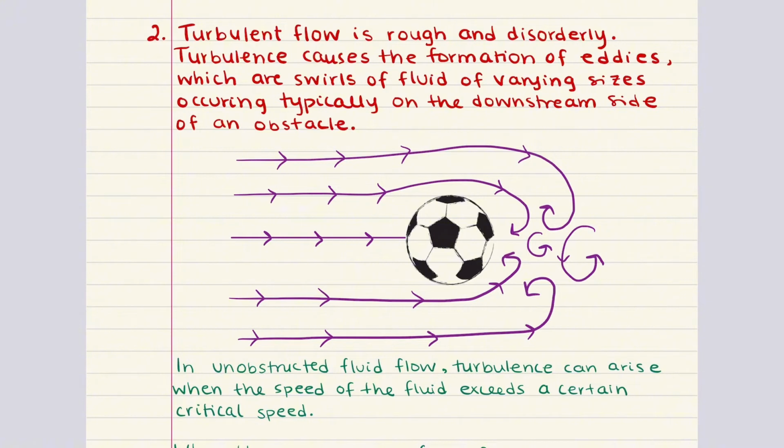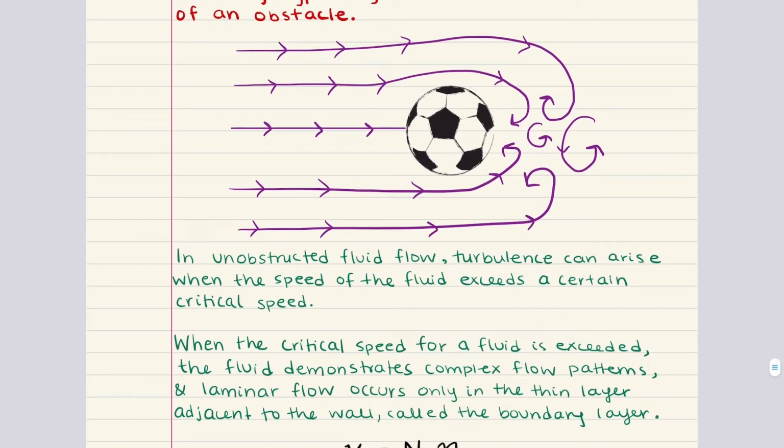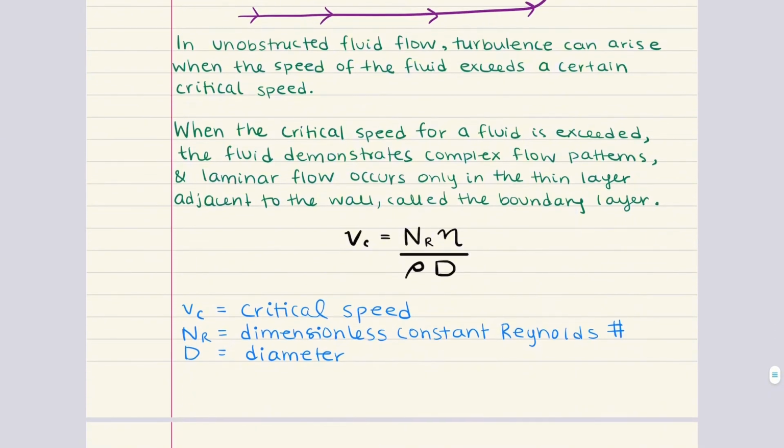But how does a fluid transition from laminar to turbulent flow? The key lies in the fluid's speed and certain physical characteristics which determine whether the fluid will maintain its orderly motion or devolve into chaos. This transition is governed by a concept called critical speed.